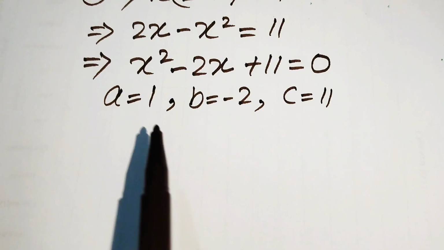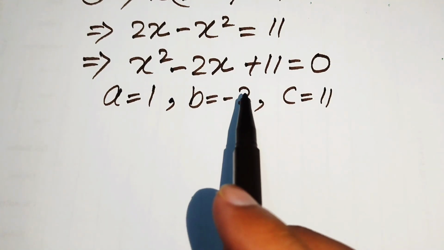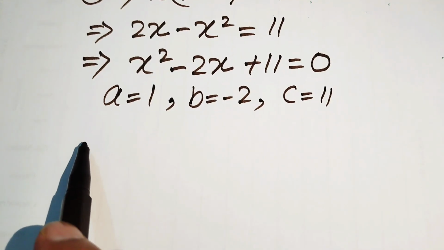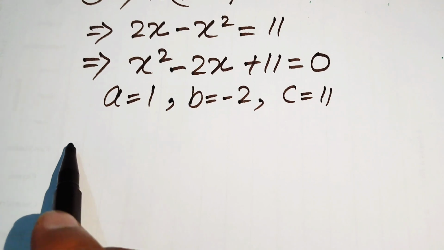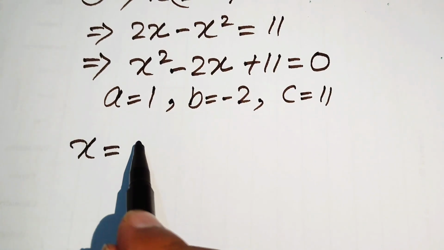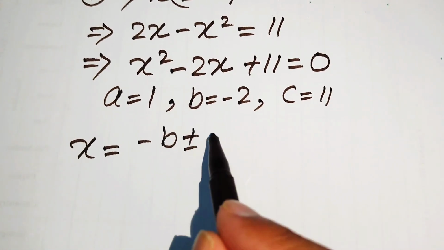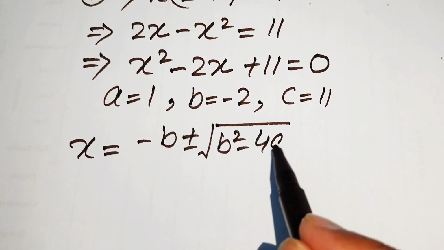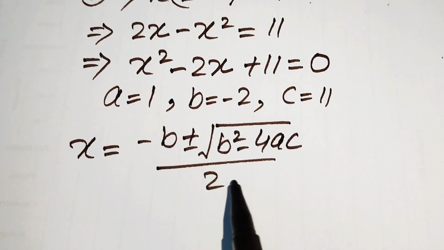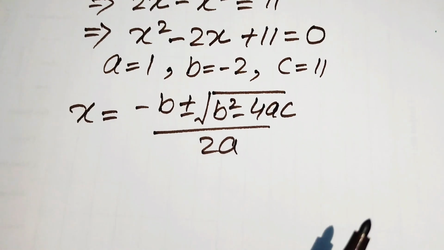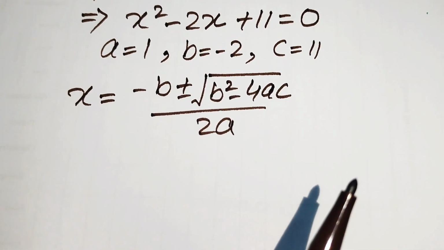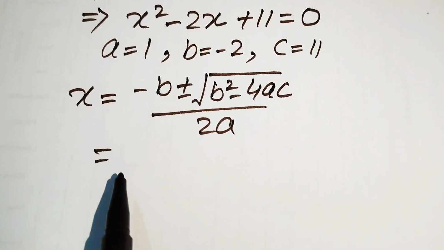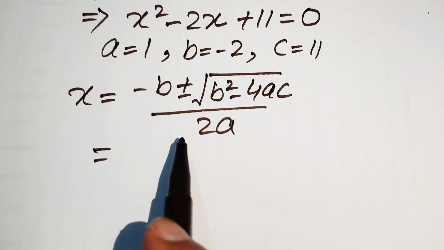Now we substitute the values of a, b and c in the quadratic formula, and you know about the quadratic formula. It is stated as minus b plus minus square root of b squared minus 4ac, divided by 2a. So this is our quadratic formula, and now we substitute the values of a, b and c here.